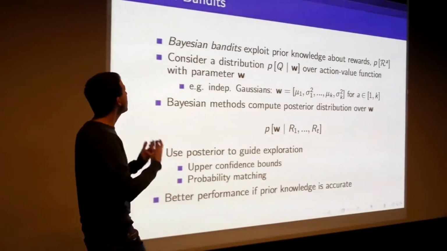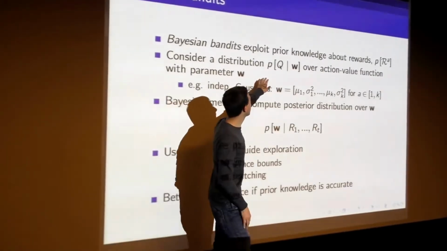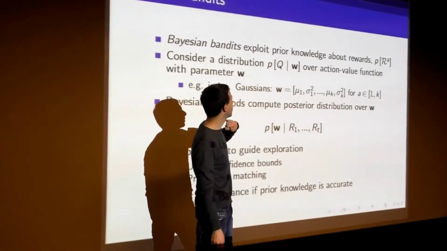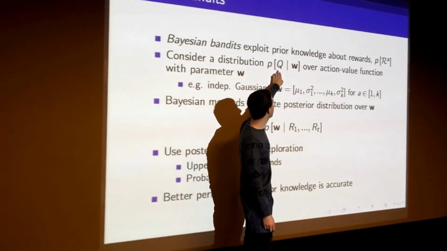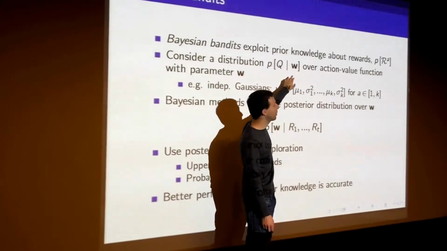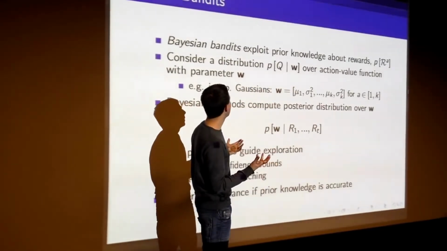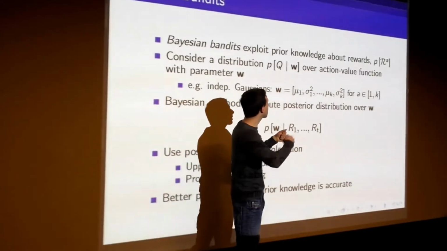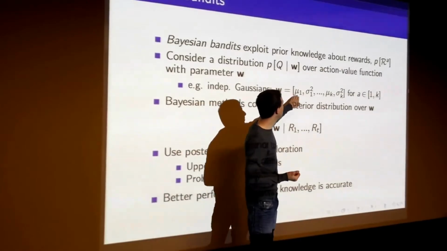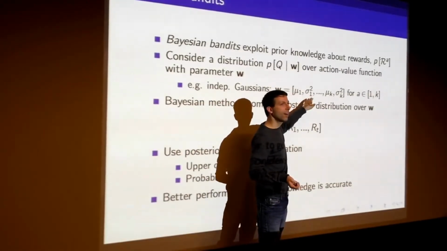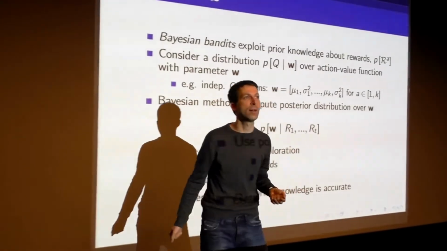And so the Bayesian bandit does that by starting off with some distribution over the action value function that's parameterized. So we have some distribution over our Q values, parameterized by a parameter vector W. And what the Bayesian approach does is it starts to, with experience, update these W's. So an example of the W's would be the means and the variances of each of our arms, the Q values for each of our arms.